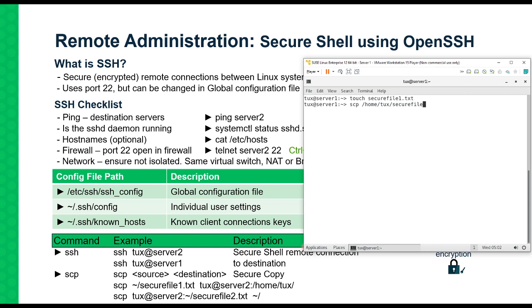And you can do secure file 1.txt, and we'll do that to the tux at server 2, and we'll do that to the home, and then /tux directory, and we'll close it with a /.